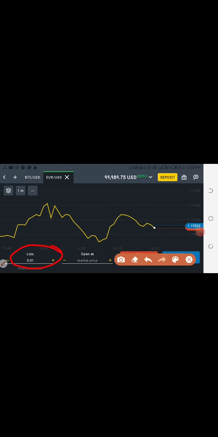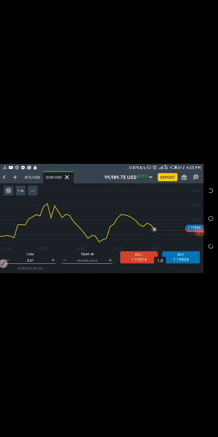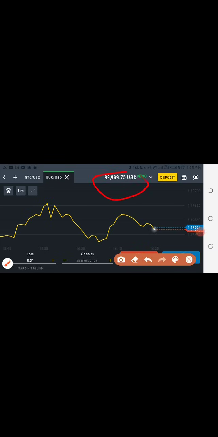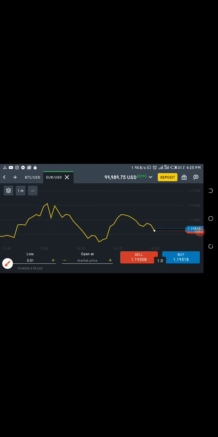Like I said, for beginners, for risk management, it's always good you trade with 0.01 lot size, which is like, let's just call it 0.01 USD, for risk management, because if you trade with this amount, the money you will lose is quite small, and even the money you will gain might be small. Do you understand? But for this purpose, since we have 99,000 something dollars, let's trade on the high side.